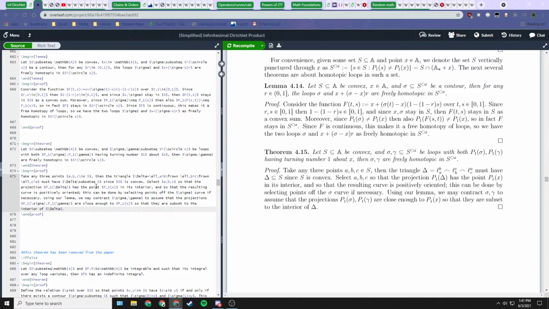Okay. And now we want to find a way to turn this into a two-dimensional case. Or we could maybe just prove it manually. I really don't want to do that, though.